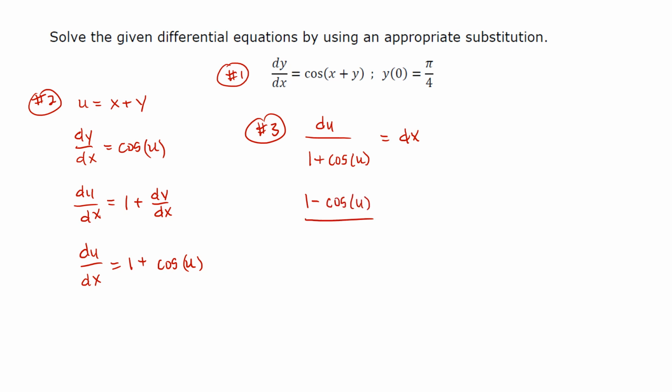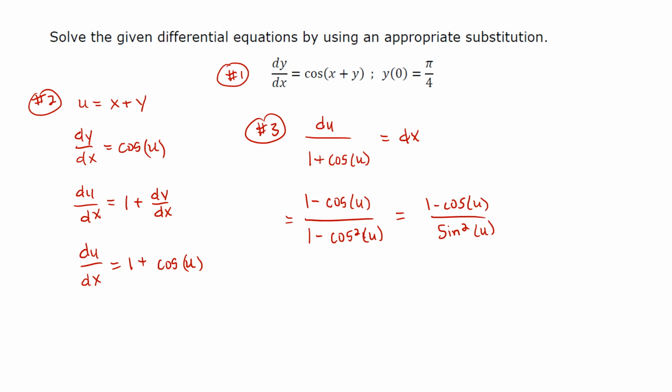In doing so, our denominator now becomes 1 minus cosine squared u. Then we can use the trig identity, where cosine squared x plus sine squared x equals 1, to rewrite the denominator. We're doing this so that we don't have a trig function in our denominator. It becomes sine squared u.